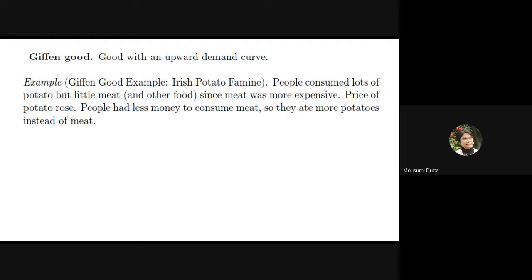As the price of potato is increasing, people are curtailing their consumption of meats and spending money more on potato. This we found in context of the Irish potato famine.